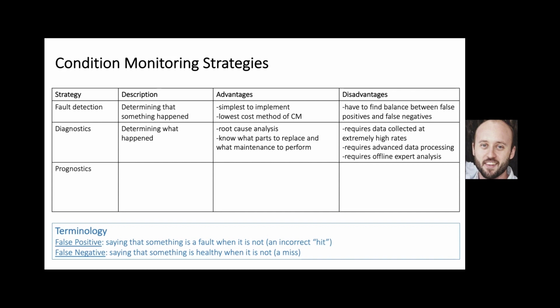The highest level of condition monitoring strategy is what we would call prognostics. And this is determining what will happen in the future. So we're actually making a prediction on what that remaining useful life will be. So maybe we're looking at an expensive piece of machinery and we want to know that if it keeps running the way it's running now, it will break down within the next 7 days.